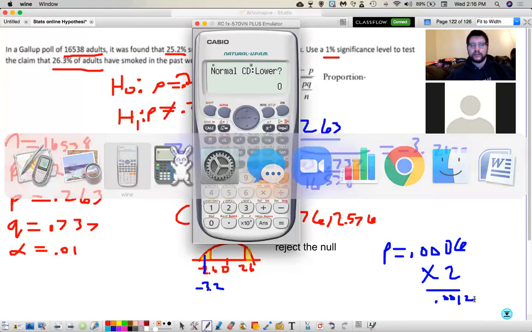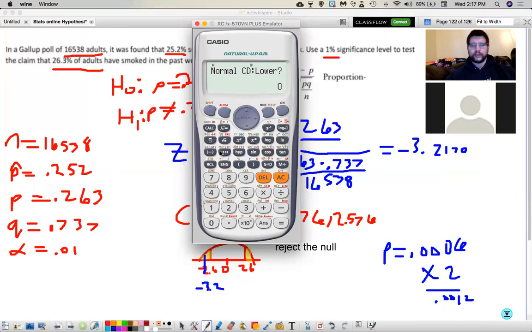If we use the normal CDF, the lower bound is negative infinity. Again, you can just use a chart, that's perfectly fine. Upper bound is our test statistic. Leave those alone. And we get 6.5, well, 6.47.